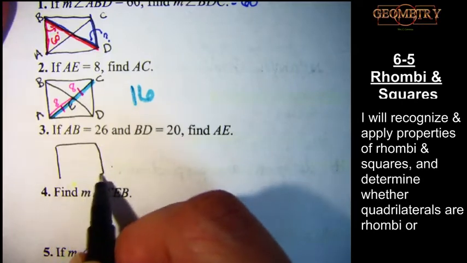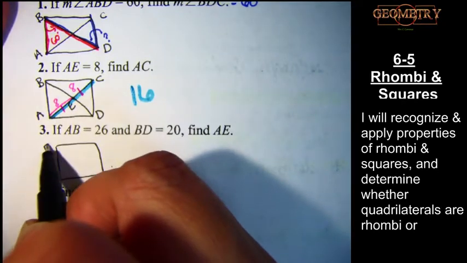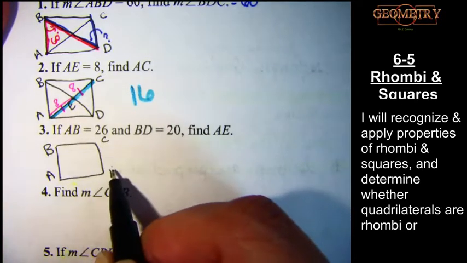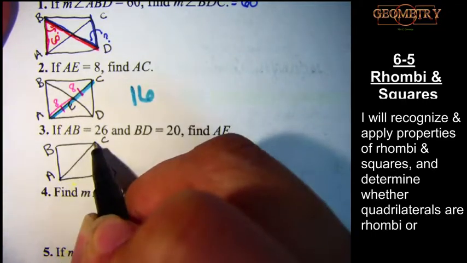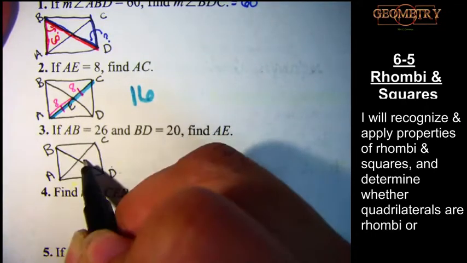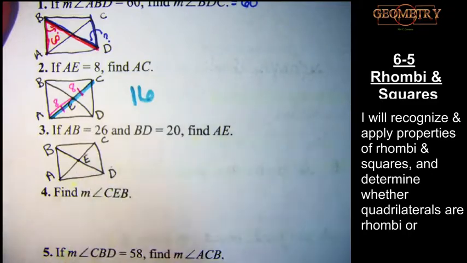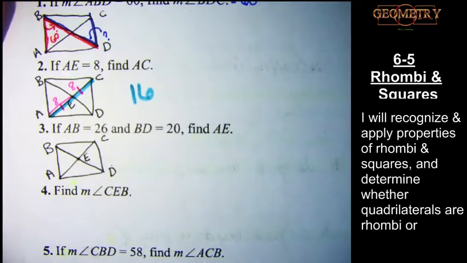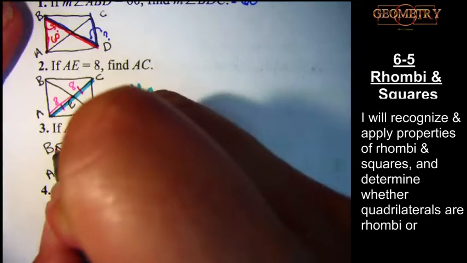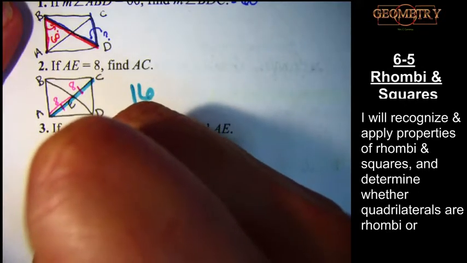Number 3. I need to draw my quadrilateral again. There's my very badly drawn rhombus. There we go. I'm told that the measure of AB is 26.